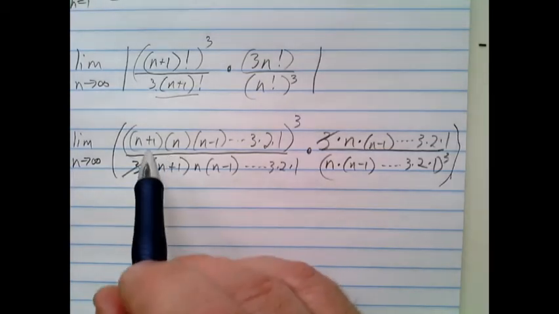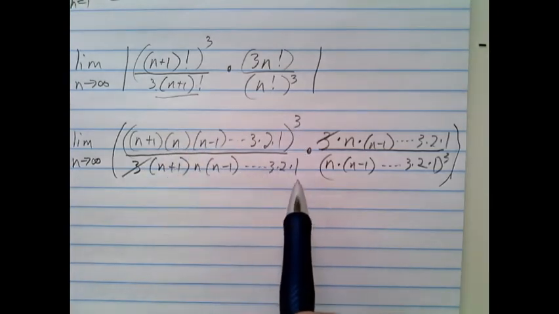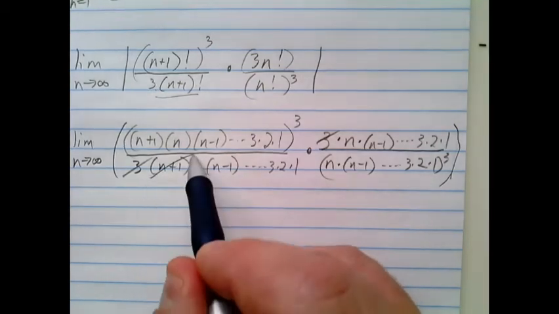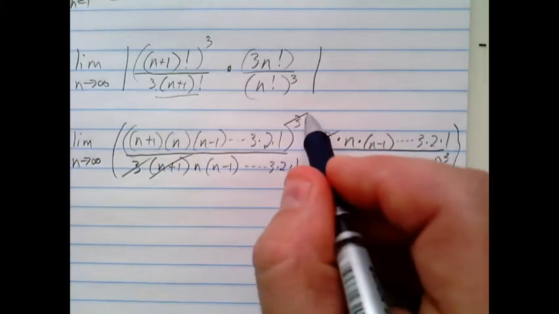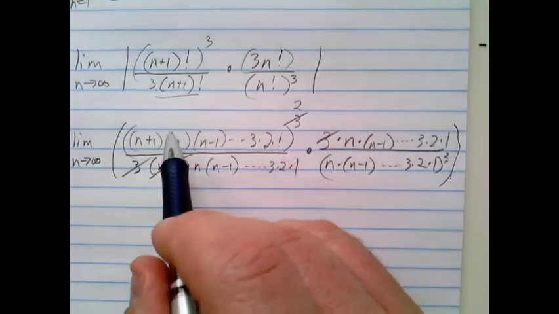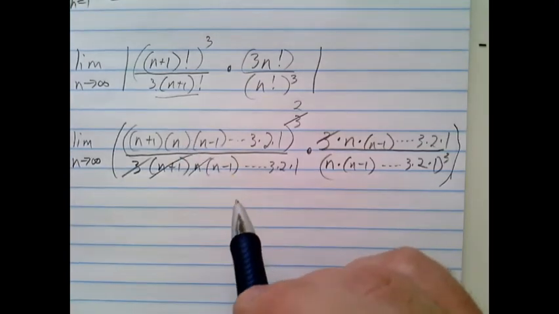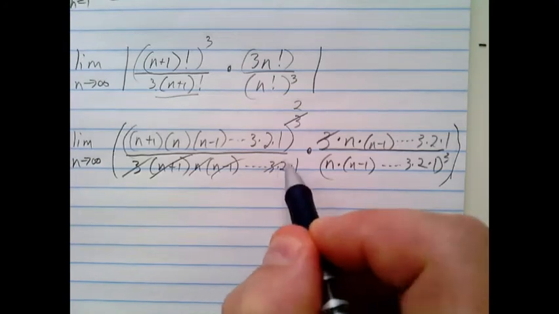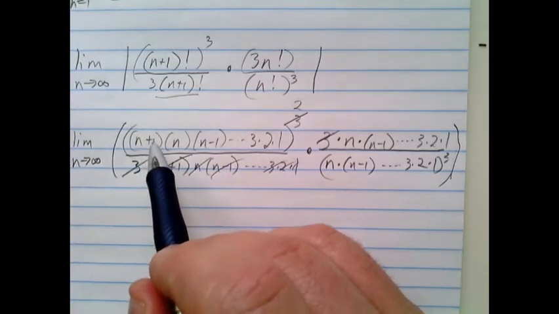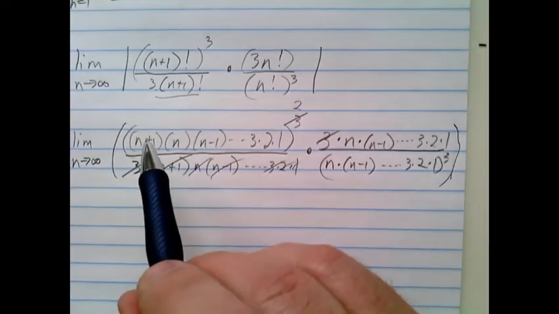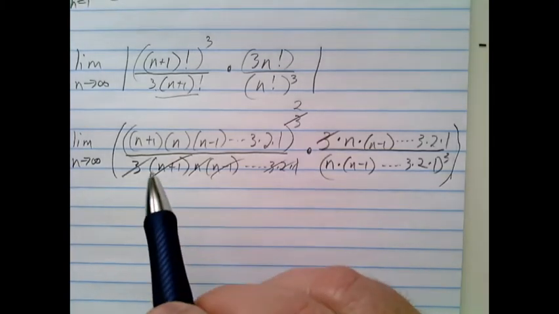Now check this out. All of these factors are cubed. Down here they show up not cubed. So I can cancel one factor of n plus 1, and up here the power of n plus 1 would drop from 3 to 2, and the same for all of these others. One factor of n, the power of n would drop from 3 to 2. I can just do that all the way across. So basically I'm left with, instead of n plus 1 factorial cubed, I'm left with n plus 1 factorial squared. Okay.